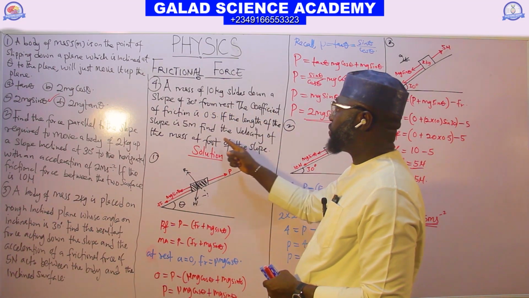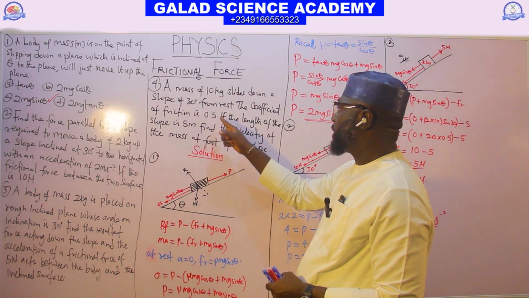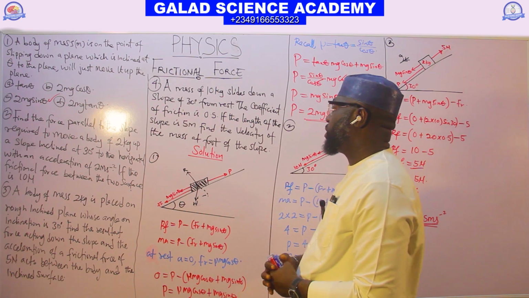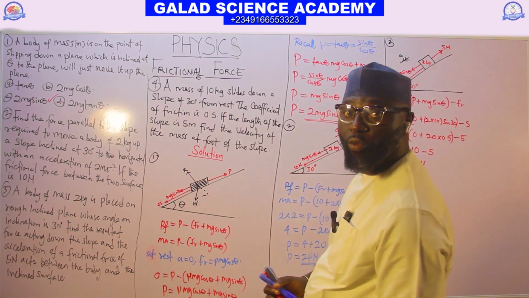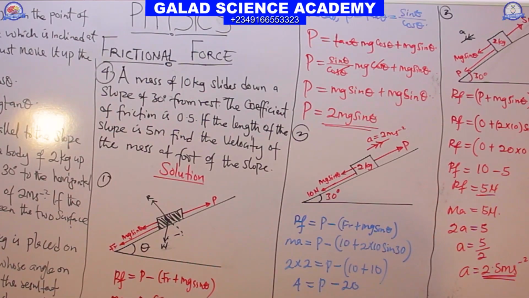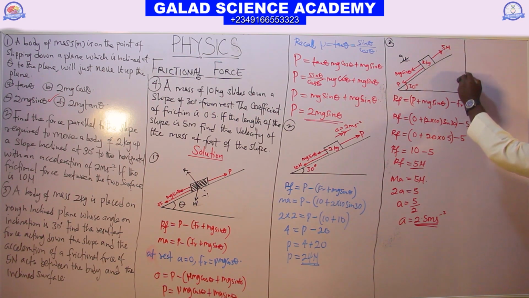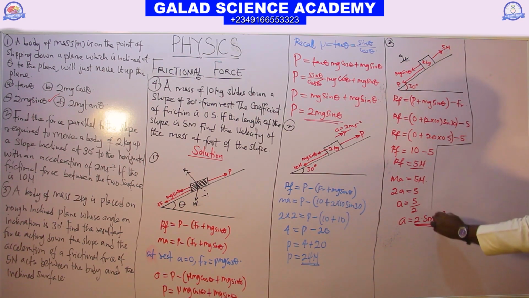The coefficient of friction is given. If the length of the slope is 5 meters, find the velocity. Let me use this small space to solve the question.